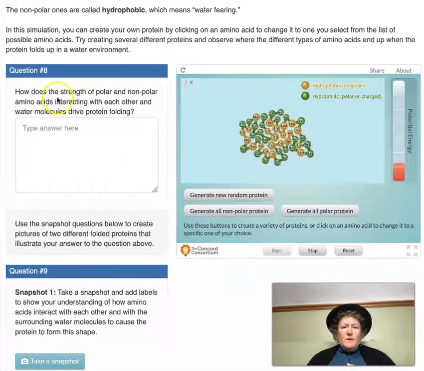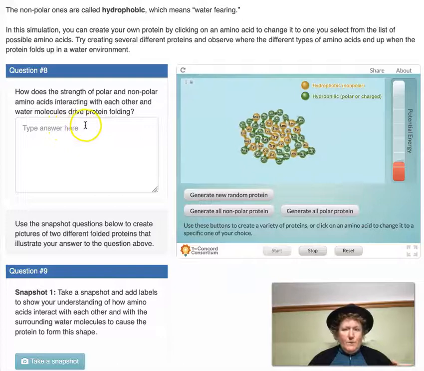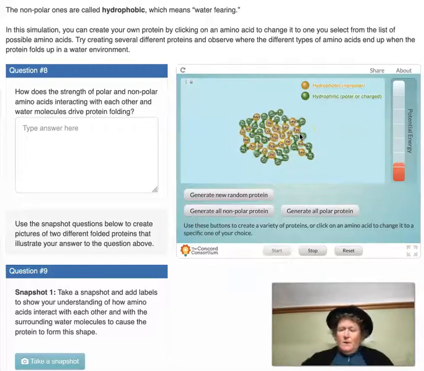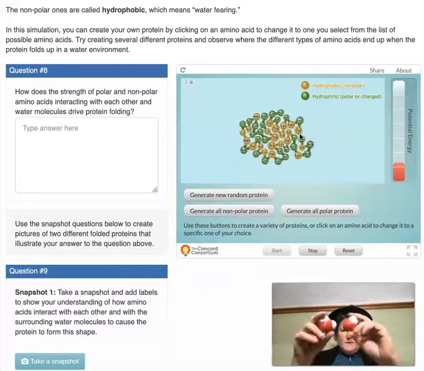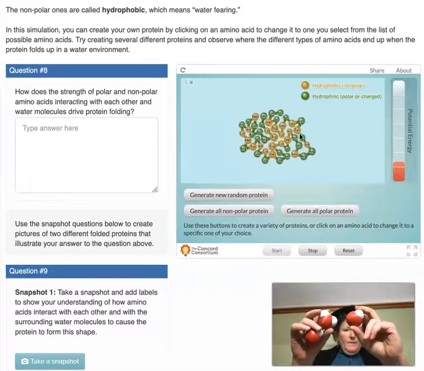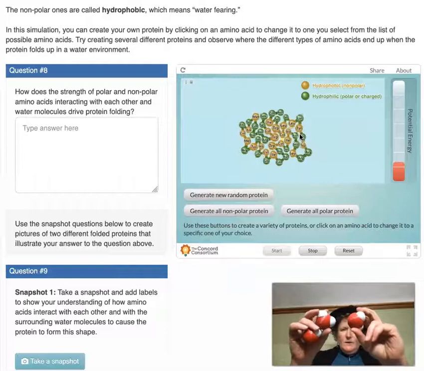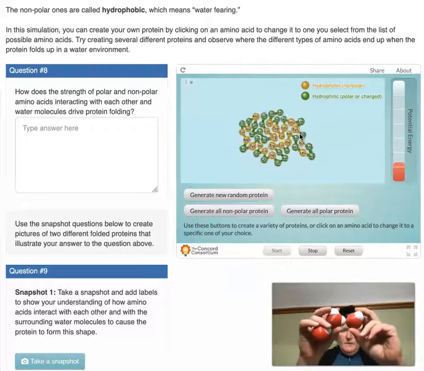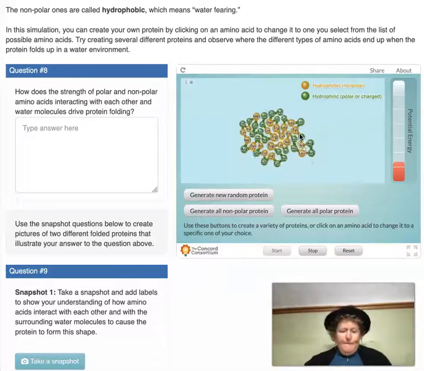So how does the strength of polar and nonpolar amino acids interacting with each other and water molecules drive protein folding? Remember we talked about water molecules: if they're separated, anything charged, anything polar, that separation creates some potential energy, and when they go back together, there's no more potential because the force that's pulling them together has already pulled them together.